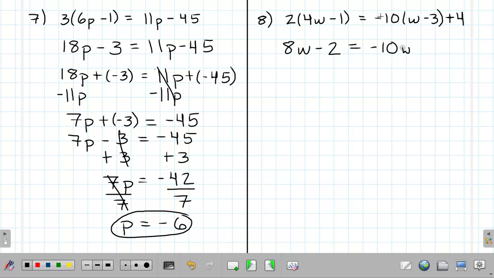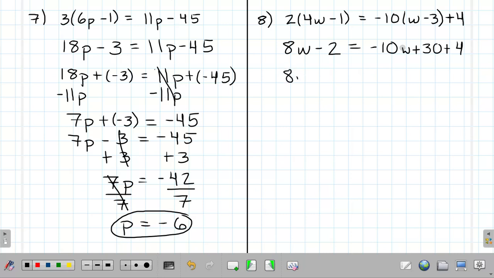But since this is a negative out here, it's going to change this minus to a plus. So this is going to be plus 30. And once again, that's because I'm distributing a negative. The negative is going to make whatever this sign is opposite. So if we wrote it out as a sum, it would be w plus negative 3. Well, negative 10 times negative 3 is a positive 30. And then we can't forget the plus 4 on the outside here.